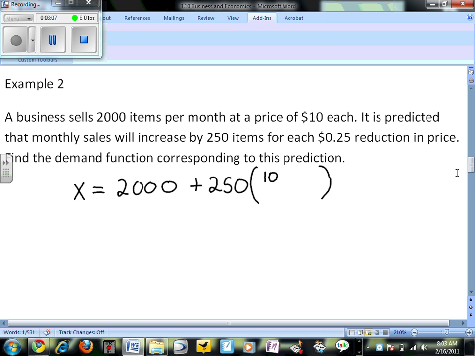All right, so let's think about this a second. If I reduce my price one time, I'd be at $9.75.